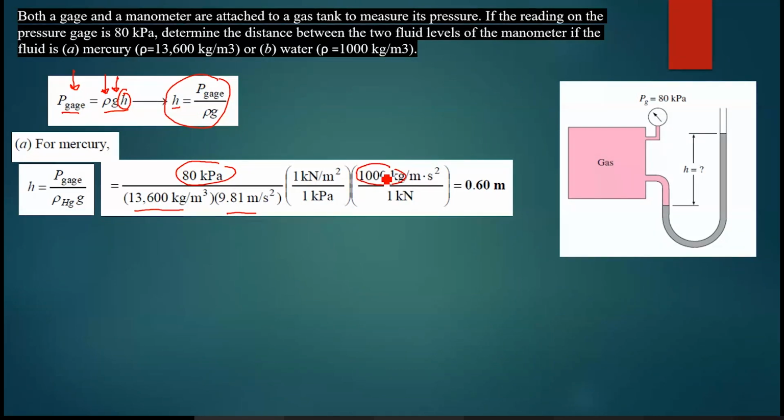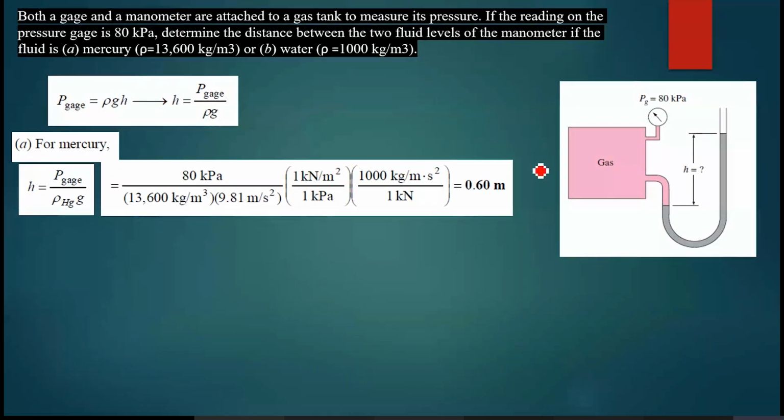Clear? By default, rho gh is in Pascal. If you are equating it to kilopascal, you have to multiply by 1000 over here. Clear enough? Yes, sir.